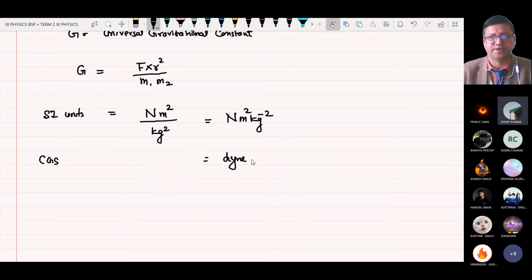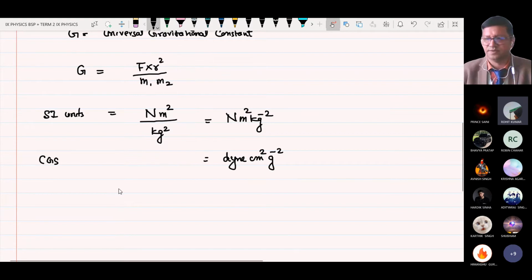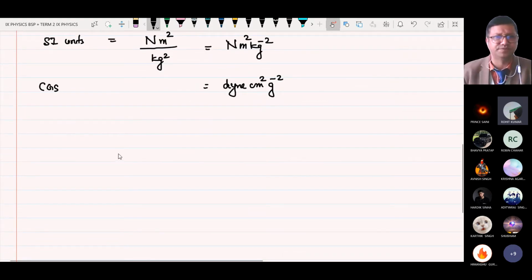Dyne centimetre square per gram square. ठीक है. So in this way we can write down, but the important thing is the mathematical formula.